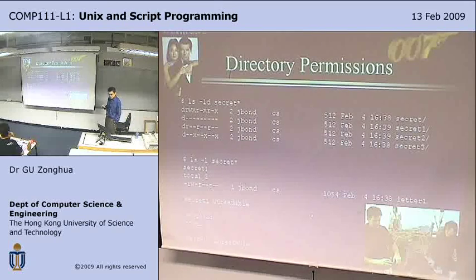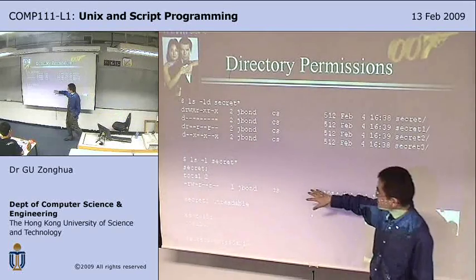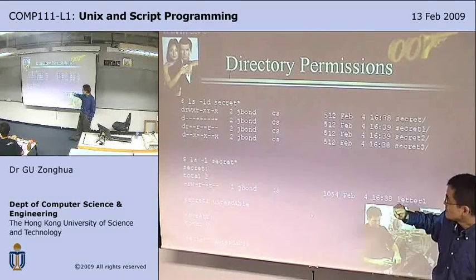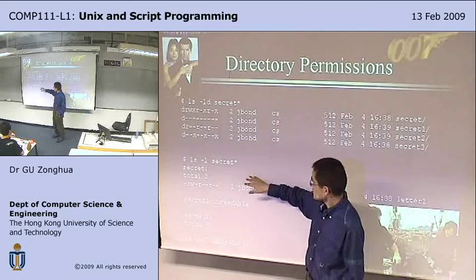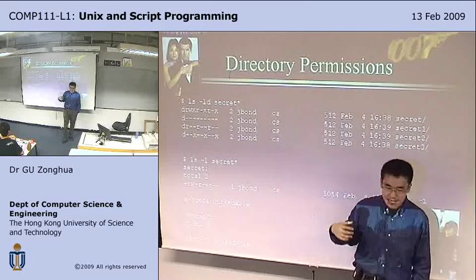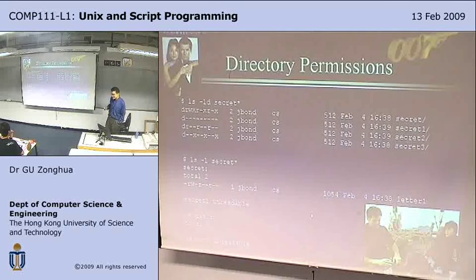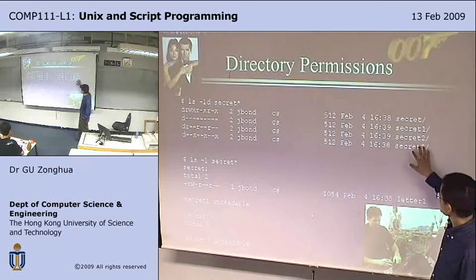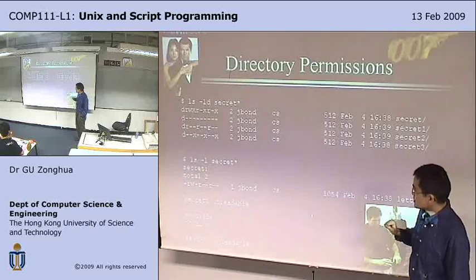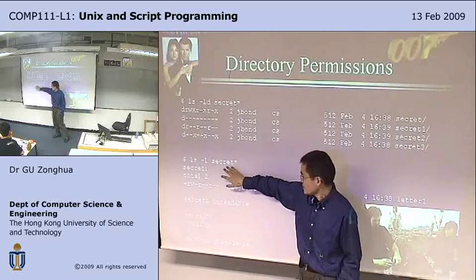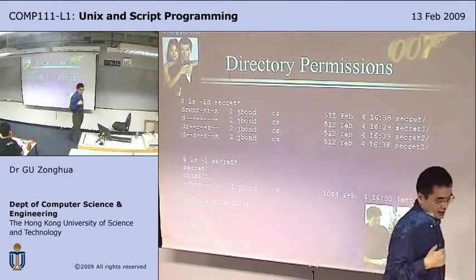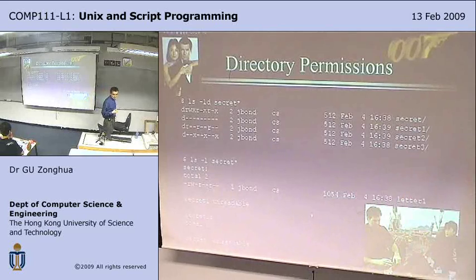So if I do ls -l secret*, this secret* is a regular expression that matches any name that starts with secret followed by anything. So it matches all the 4 directories. Because I say ls -l, not ls -ld, I want to see what's inside the directories, not the directories themselves.